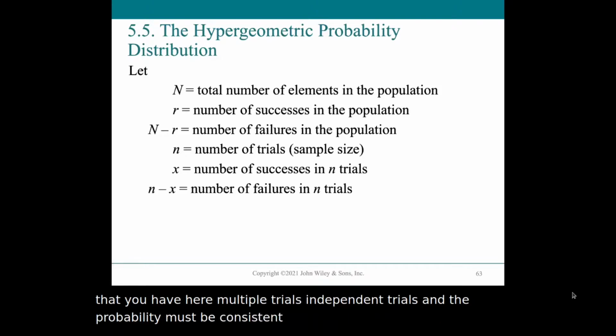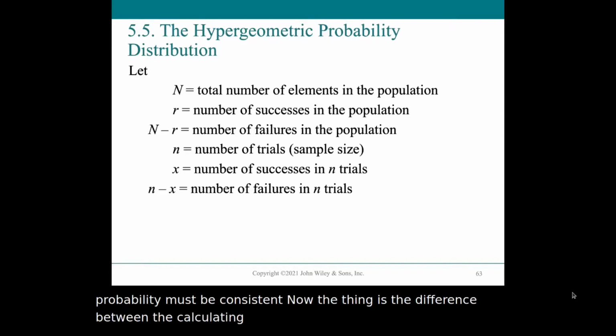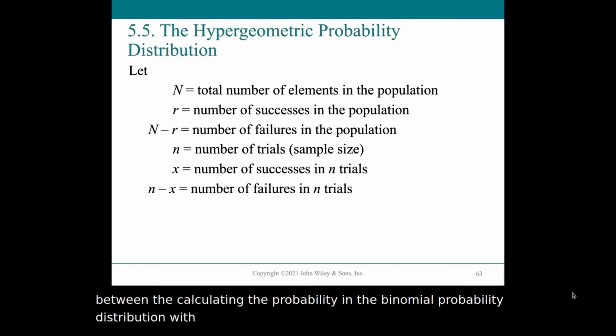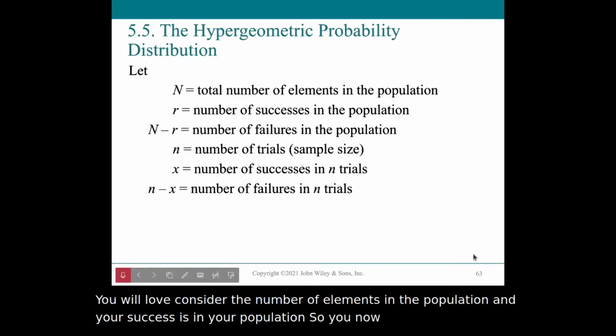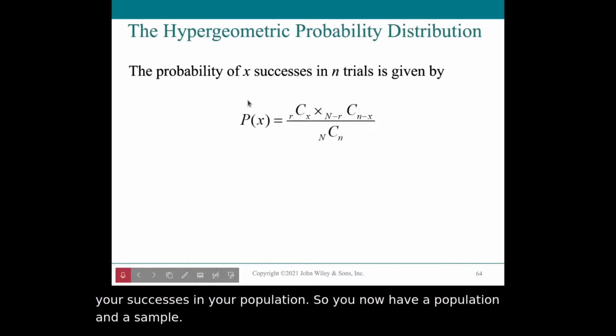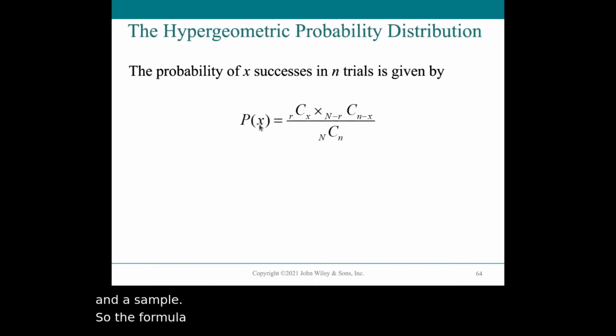Now, the difference between calculating the probability in the binomial probability distribution and this hypergeometric probability distribution is that you will now consider the number of elements in the population and your successes in your population. So you now have a population and a sample. So the formula can now be considered as this one.